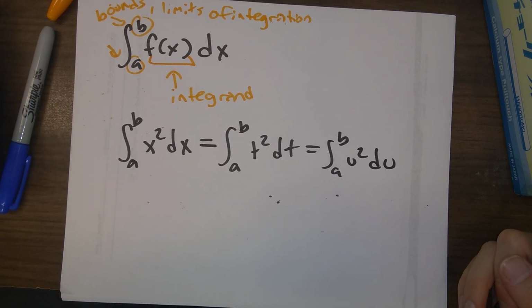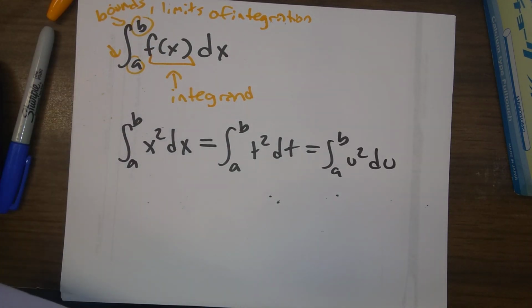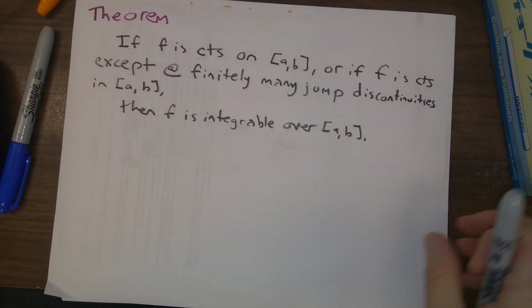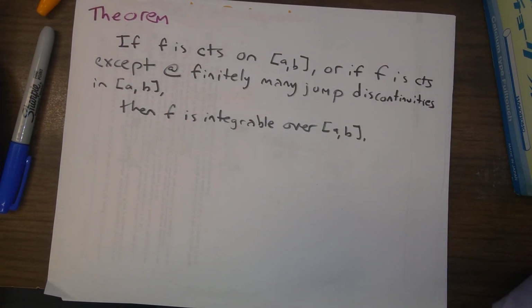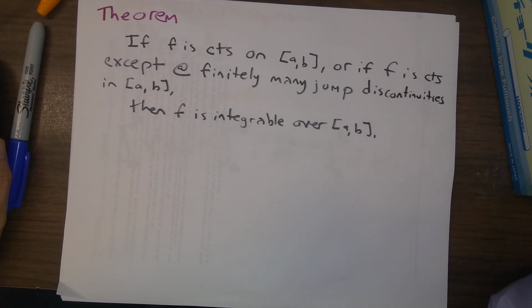Some other comments to make: if we have a continuous function, or a function that is continuous except at finitely many jump discontinuities, then our function is guaranteed to be integrable.